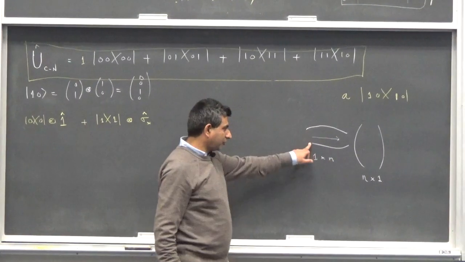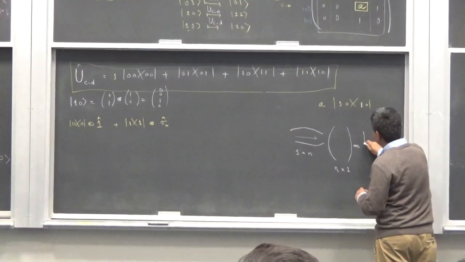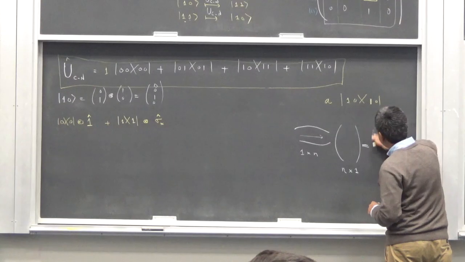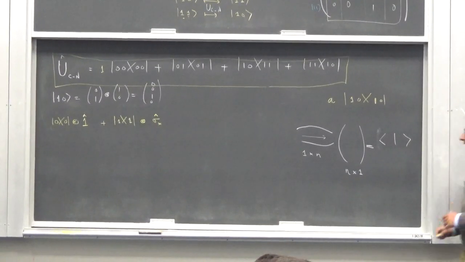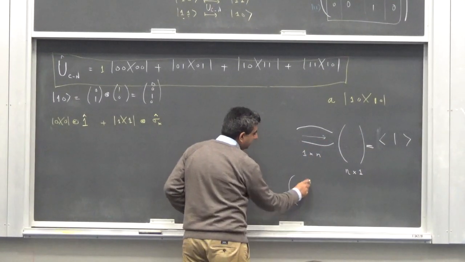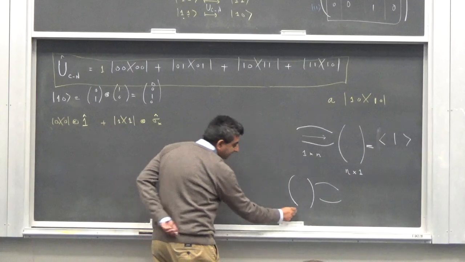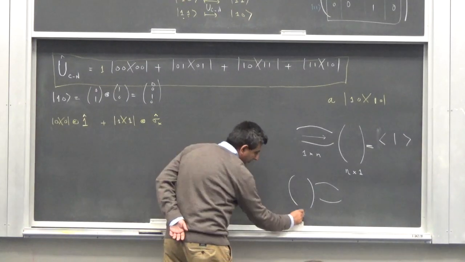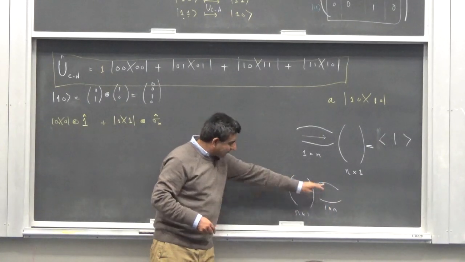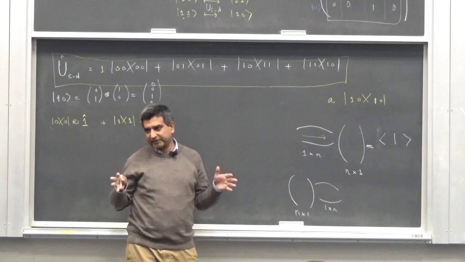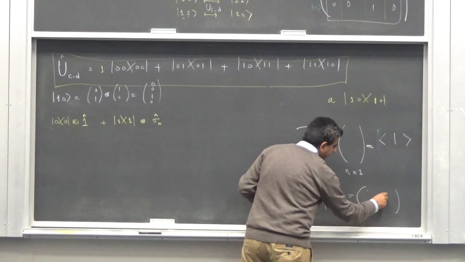In Dirac notation, this corresponds to a bra followed by a ket, which is an inner product. However, it's also possible to first have the column vector followed by the row vector. Now this has n rows, 1 column, and this has 1 row, n columns, and multiplying them I'll get a matrix of size n by n.